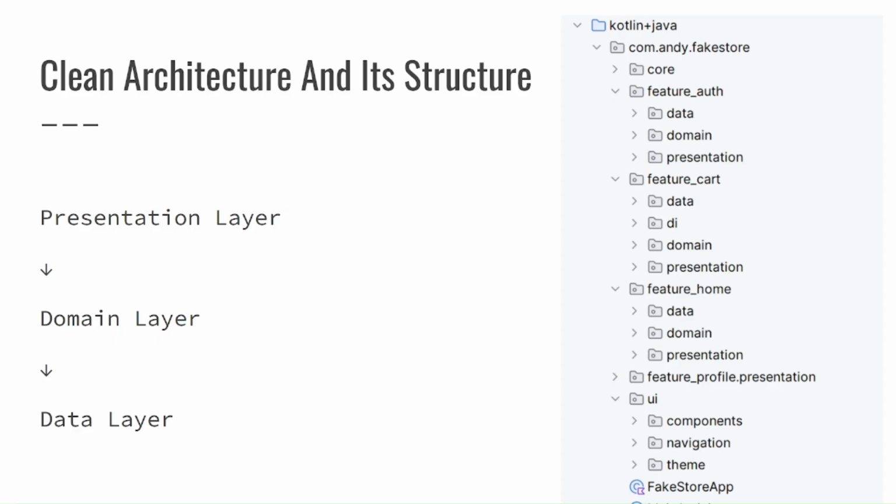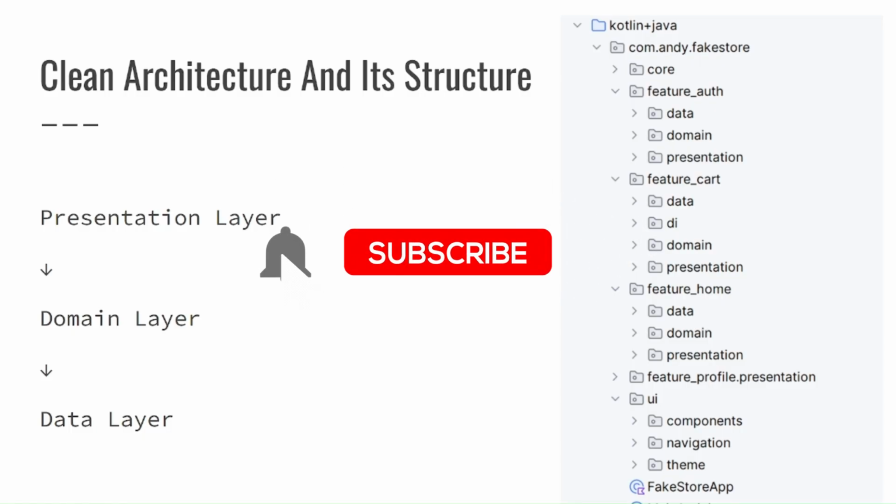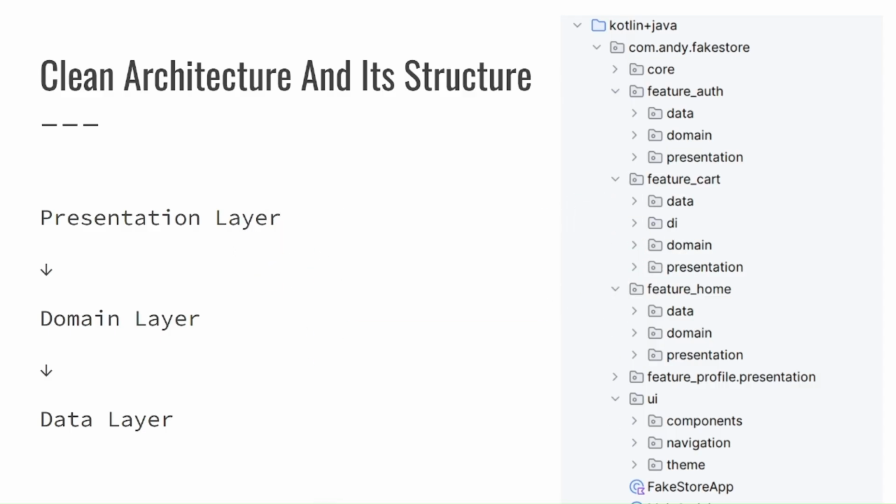So the domain layer contains the login use case, etc., and the data layer contains our DTO classes, our repo classes, and the Retrofit API calls. Our API endpoints and methods are defined in that layer, and it also contains the repository implementation.